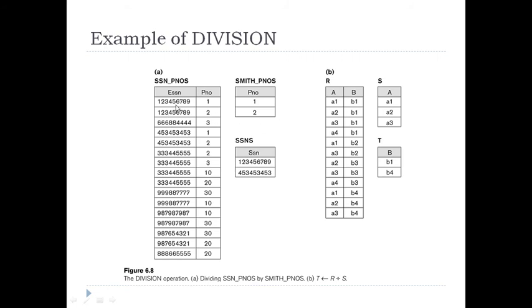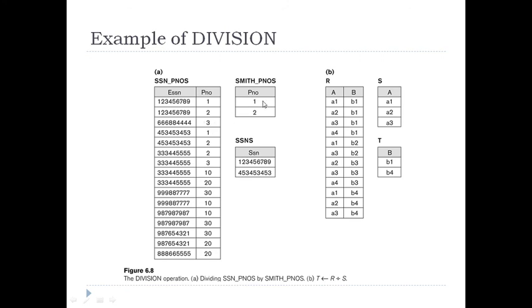Now, 1, 2, 3, 4, 5, 6, 7, 8, 9. If I take this employee SSN, this appears with 1 and 2. So that means this SSN will be added to the result. Now the next one, 666884444, but it appears with only 3, right?